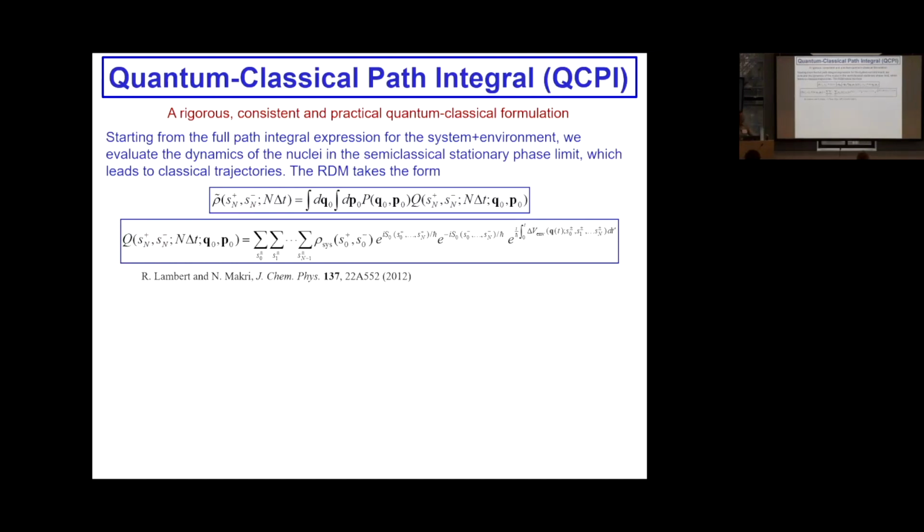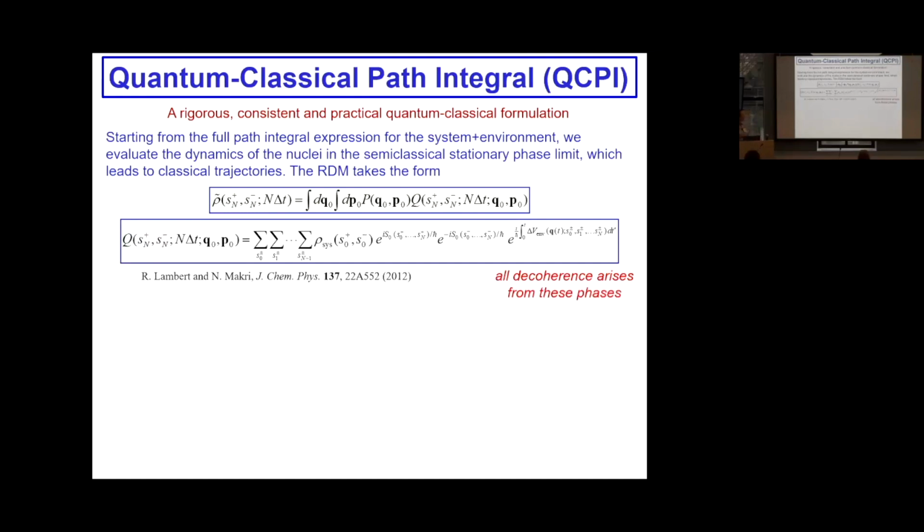This function Q contains the effects of the system on the environment. It's given by a full path sum of initial conditions times phases. The phases are the phases for the system, and phases that arise from the interaction of the system with the environment. These are given in terms of a time integral of a function here, delta V, the potential function, and everything here is contained in this interaction.